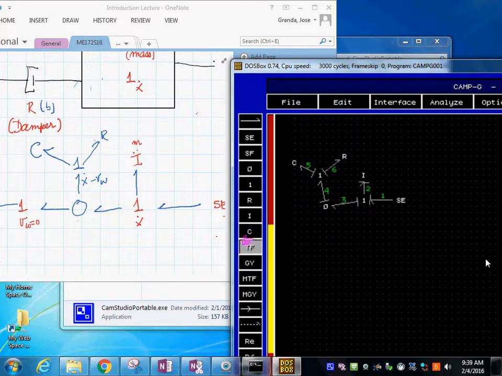And the SE, SF, excuse me. No, 1. And then the SF, which is over here.